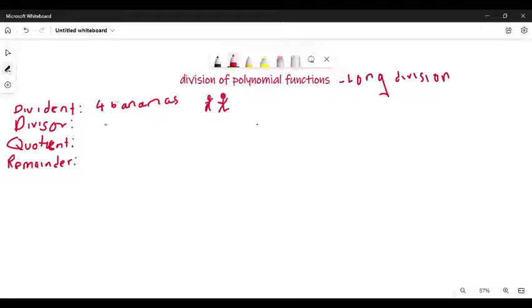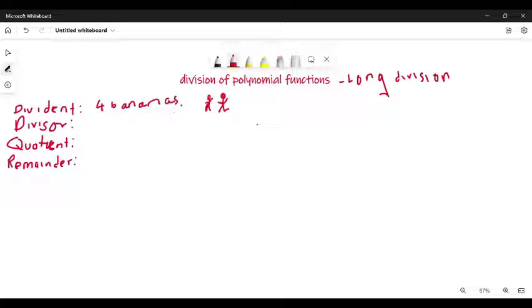Alright, so these girls want to share the 4 bananas equally. So you know that for these girls to share the bananas equally, they have to divide these 4 bananas into 2. So the 4 bananas in this case are what we call the dividend.